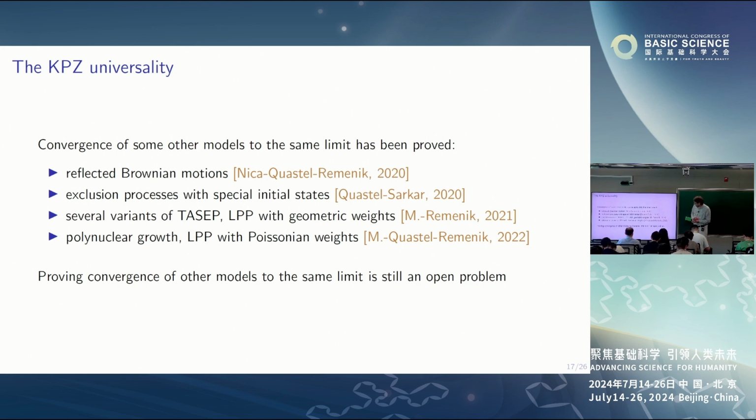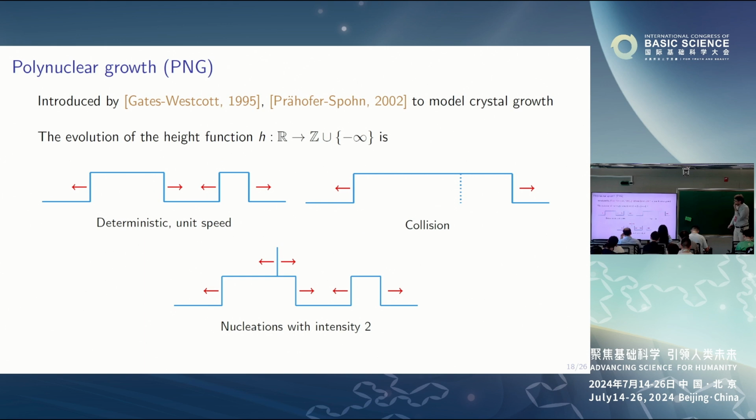Okay, so in the rest of my talk, I want to tell you about one other interesting model, polynuclear growth, which we also managed to solve using our method. The polynuclear growth, PNG, was introduced by Prähofer and Spohn in the form in which I'm going to explain it, and its discrete version was known for quite some time.